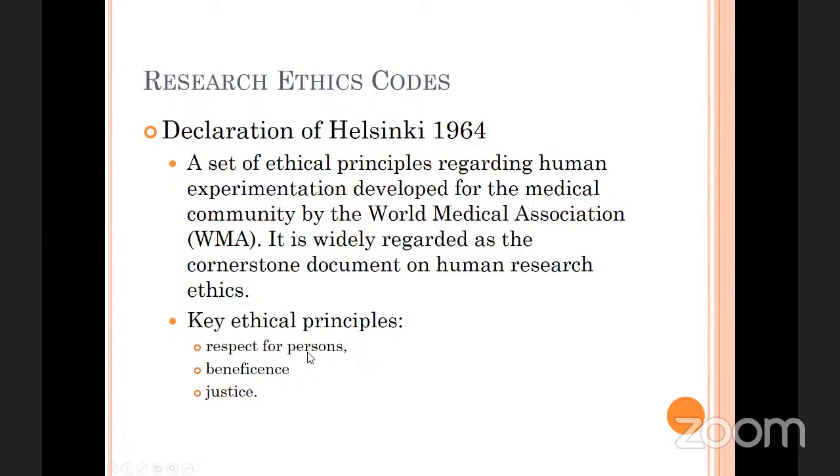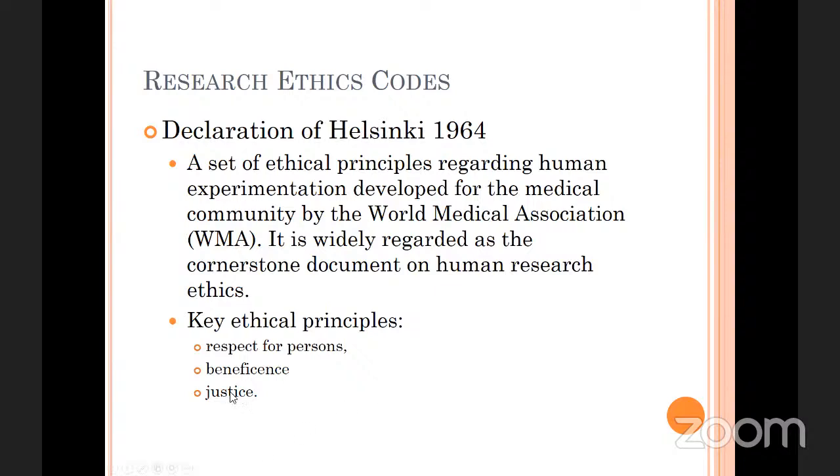So respect for persons is the idea that any research you do should think about both the participants and the research team, that nothing is done that breaches the rights and respect of persons. Beneficence means that any project should potentially have benefit to society. It's actually possible that the research may not have benefit, but that people see that it could have benefit, right?